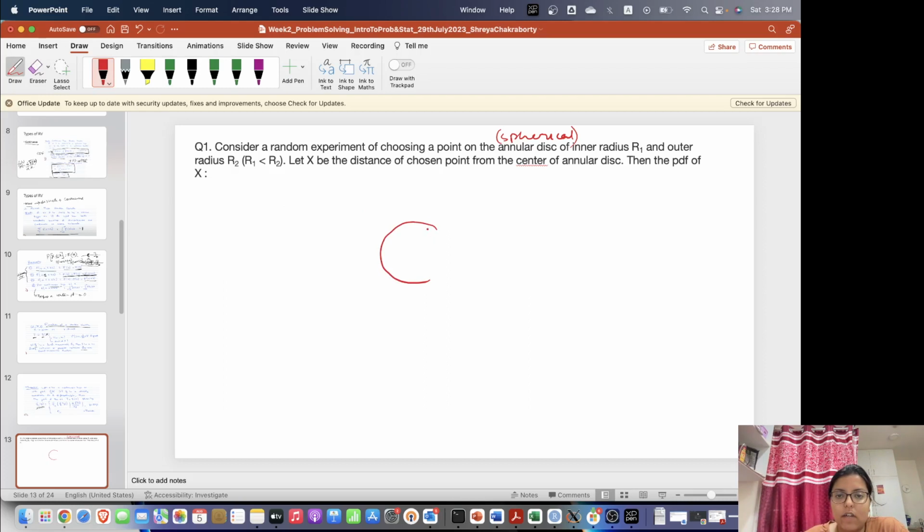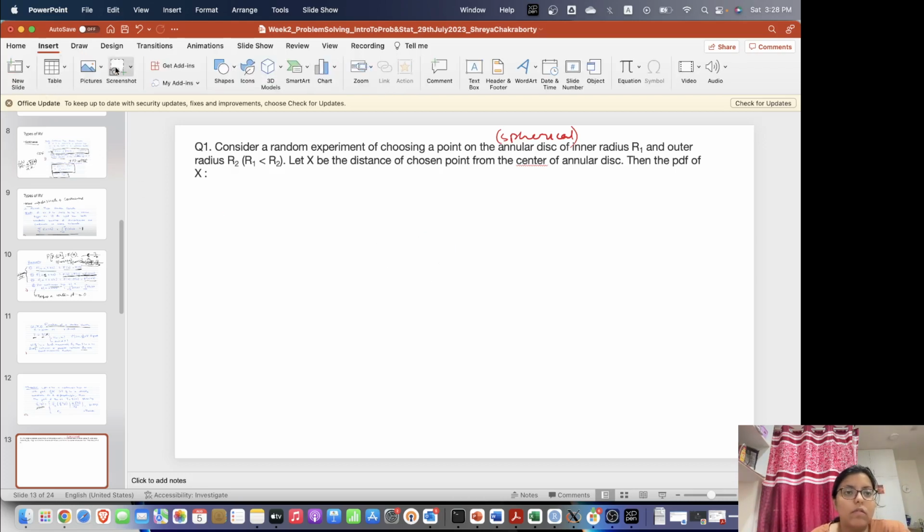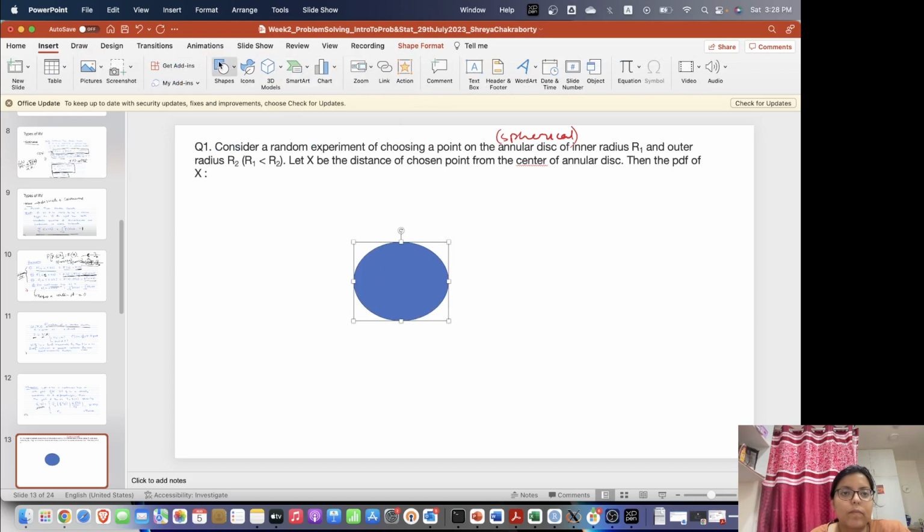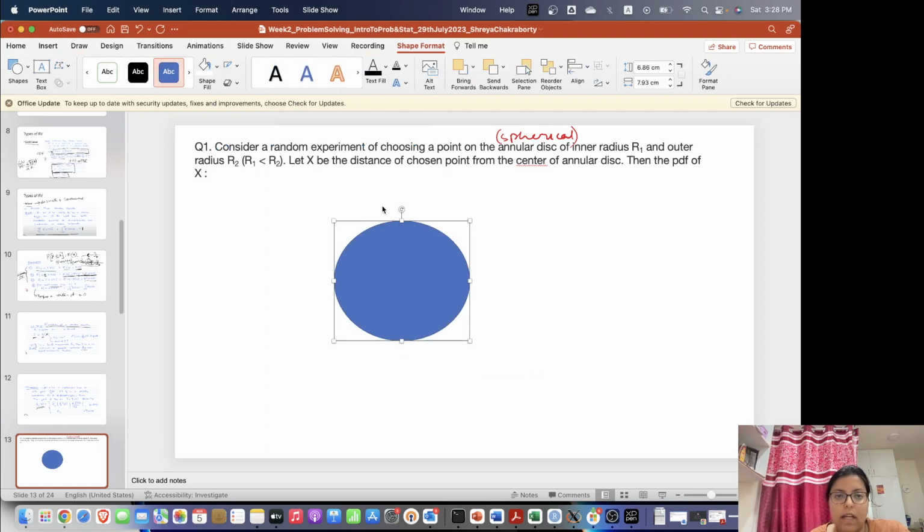This is one sphere, and we have another one, something like this.